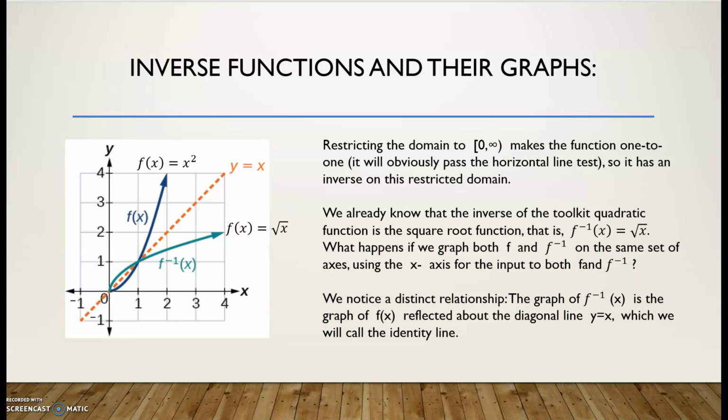Now let's look at the graphs of the function and their inverses. So sometimes you might have to restrict the domain, and the reason that you would want to do that is so that you will have a one-to-one function. And to test if something is a one-to-one function, you can use the horizontal line test right here.